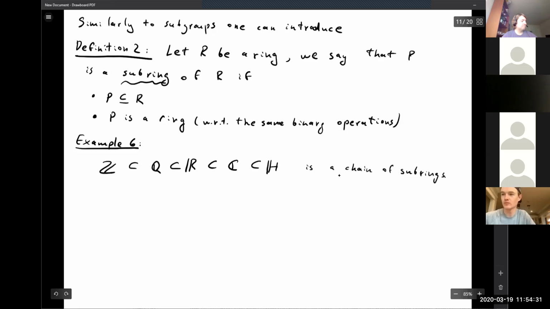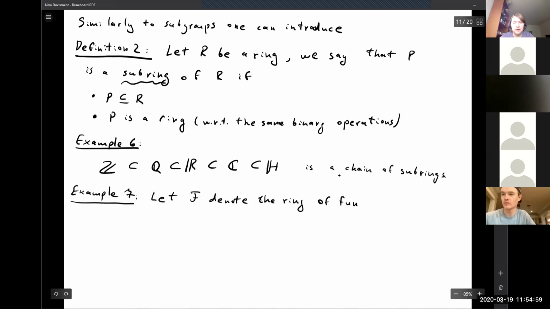Okay. Now there is actually an even better example. Example 7. So let F calligraphic denote the ring of functions.